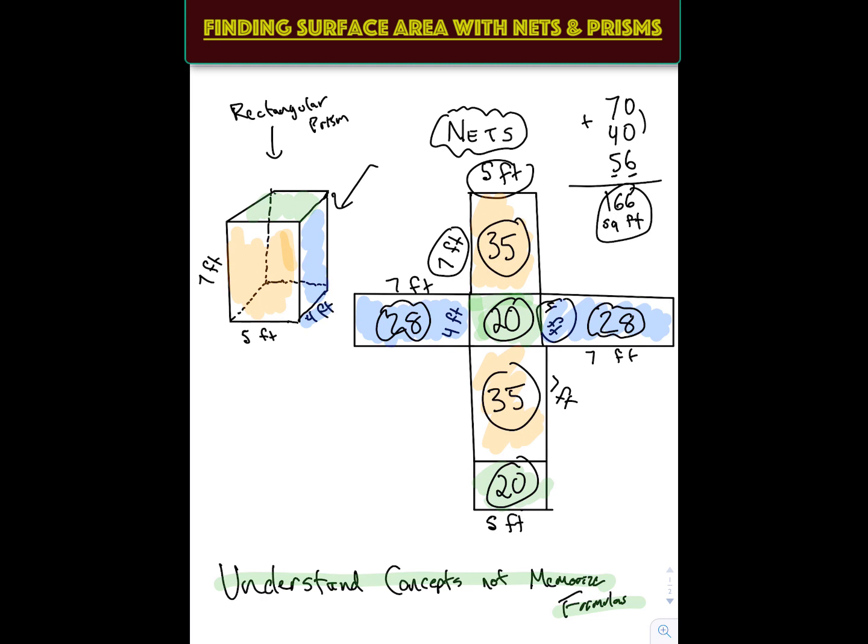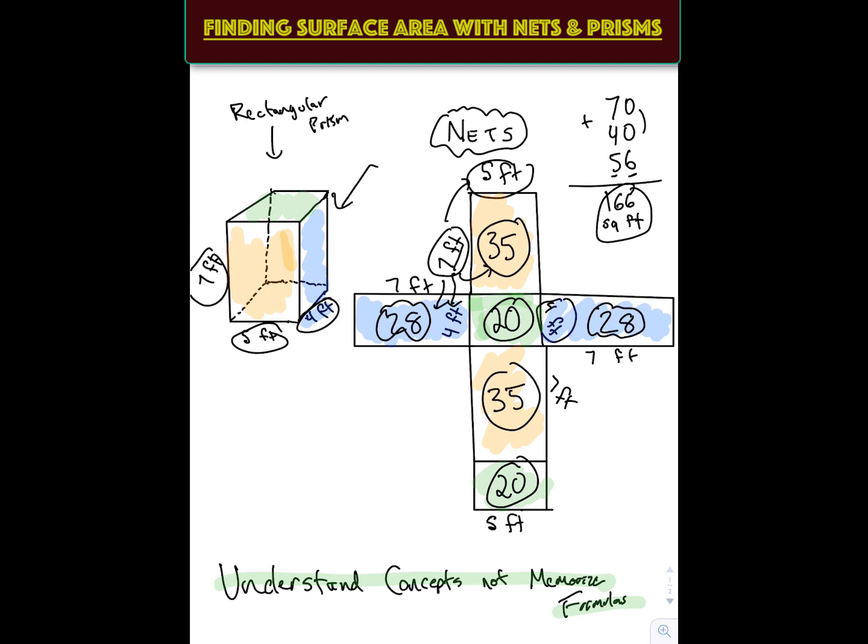And the concept when it comes to rectangular prisms is that there are 3 side lengths and each side length is used twice. To go back to our net, the 7 was used in connection with the 5 to make 35. It was also used in connection with the 4 to make 28, so it was used twice.